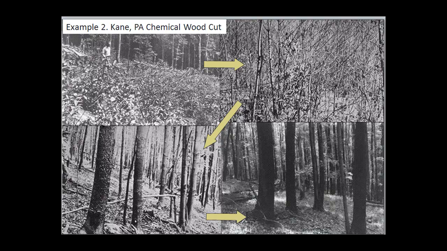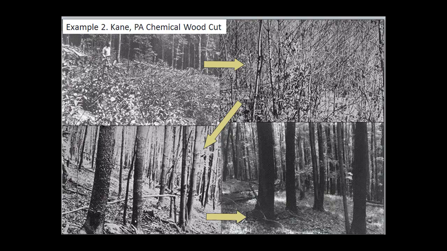As you move to the upper right, moving clockwise, you can see a young forest that has regrown. That looks a lot like what we saw at the Arnott Forest. Shifting to the lower left, you see what would be called a pole-size stand. As you're looking at these pictures, think about the changes that we're seeing in the forest, the change in the sizes of the trees and changes in the strata where vegetation occurs.